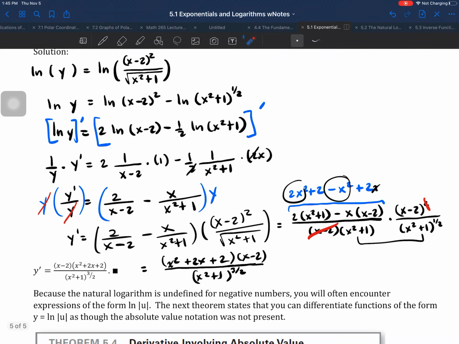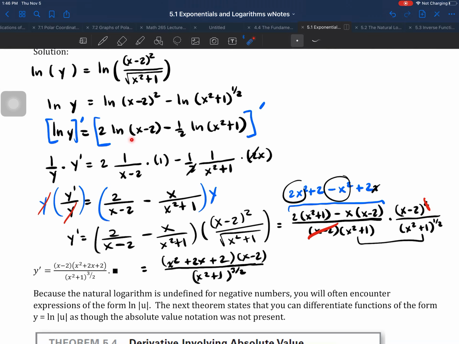At this point, it will be much easier for us to take the derivative. The derivative of the left side, using implicit differentiation, will be the derivative of natural log, which is 1 over its inside multiplied by the derivative of the inside.